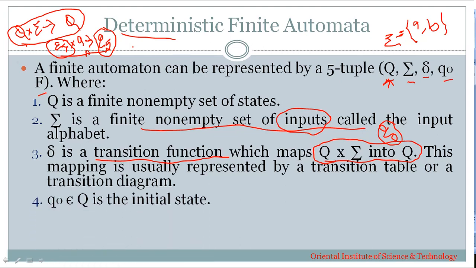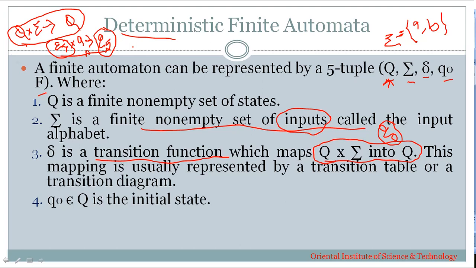Then q0. What is q0? q0 is an element of Q, that means q0 is a state. Every machine has its starting point. Similarly, a deterministic finite automata should have a starting point, and the starting point is q0, which is the initial state of Q. Whatever we do will definitely start from q0.